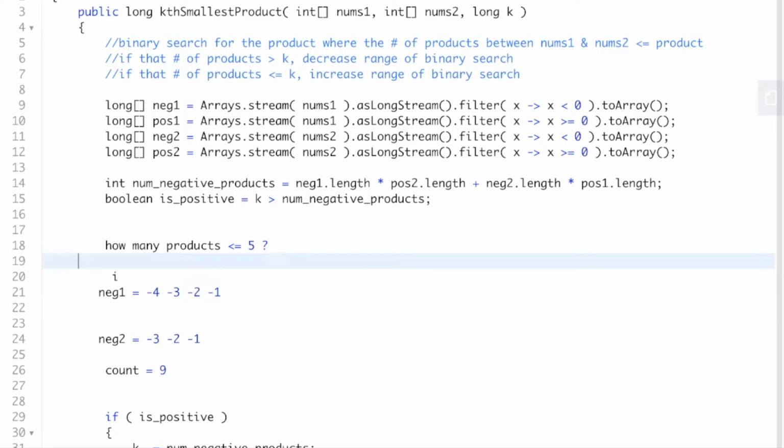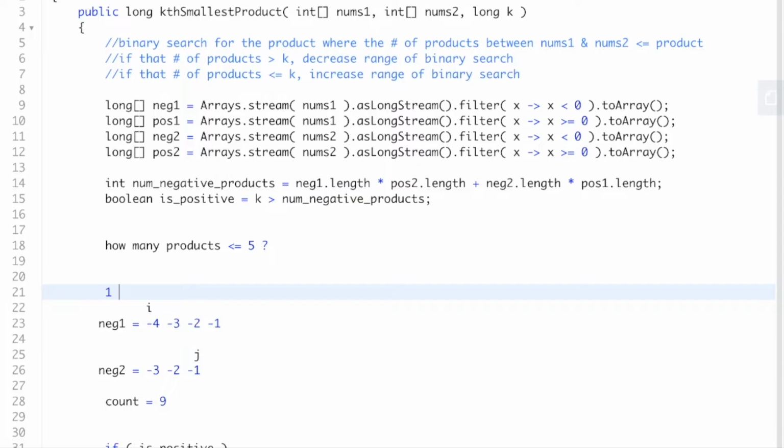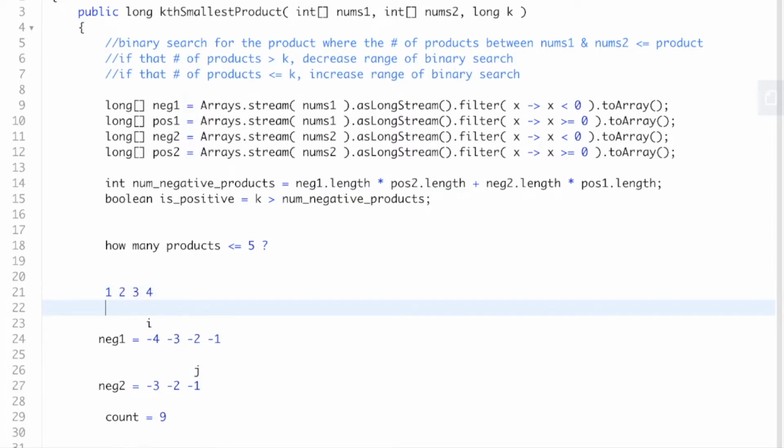Well, in order to get the same behavior as the positive numbers, when I'm doing the whole ij thing, so I would have i at the beginning and j over here, what we're going to do is actually reverse these. Because if you think about when we were messing with the positive numbers, we had 1, 2, 3, 4, and we could say our other array was 1, 2, 3. Well, notice these are increasing, right? When I multiply negatives by negatives, these are essentially acting as positive numbers.